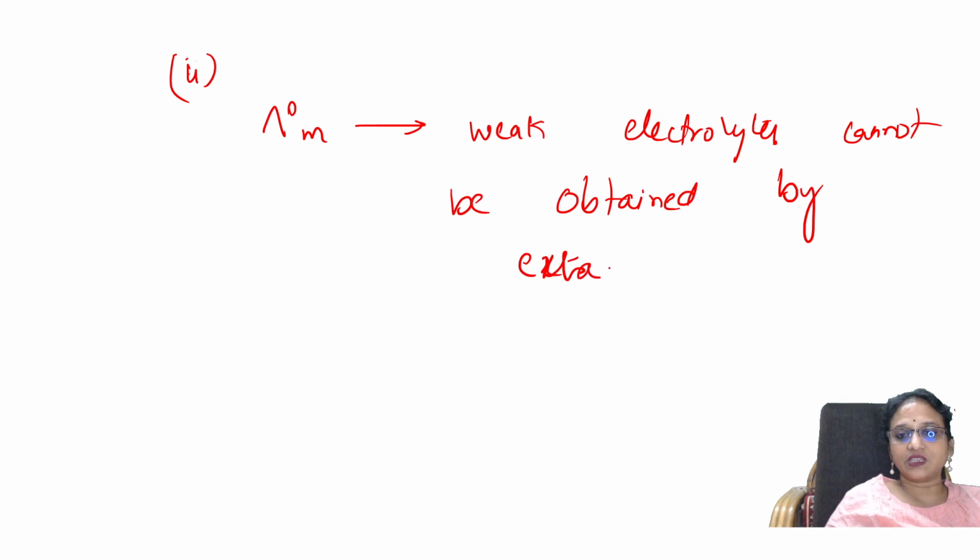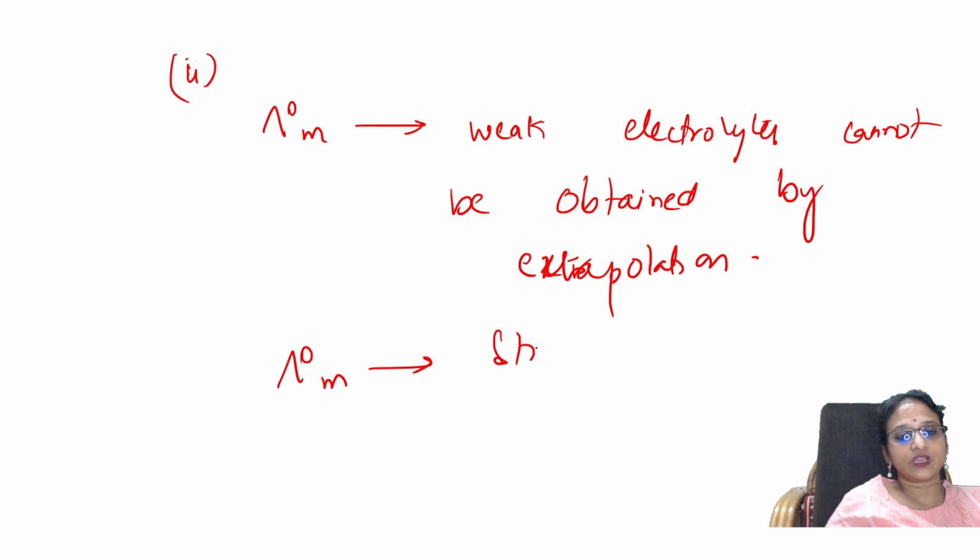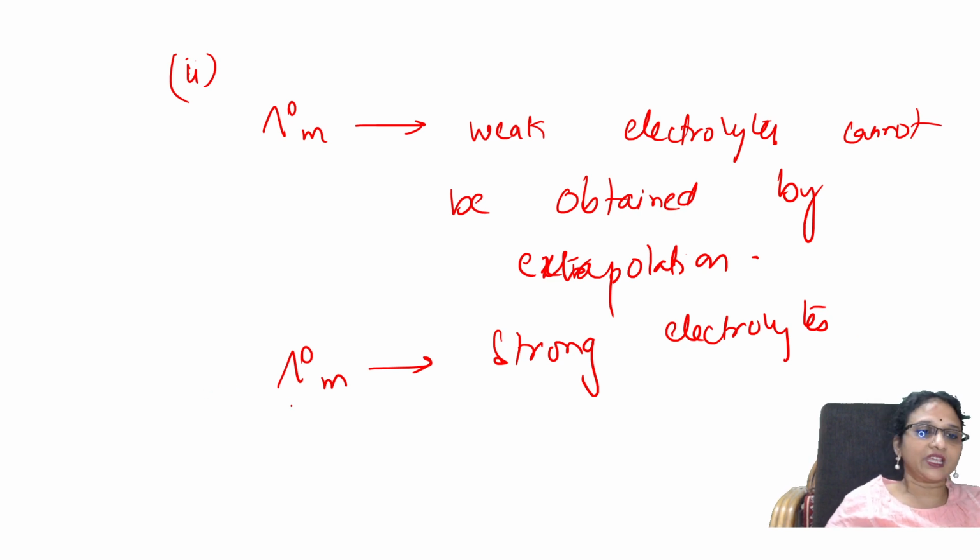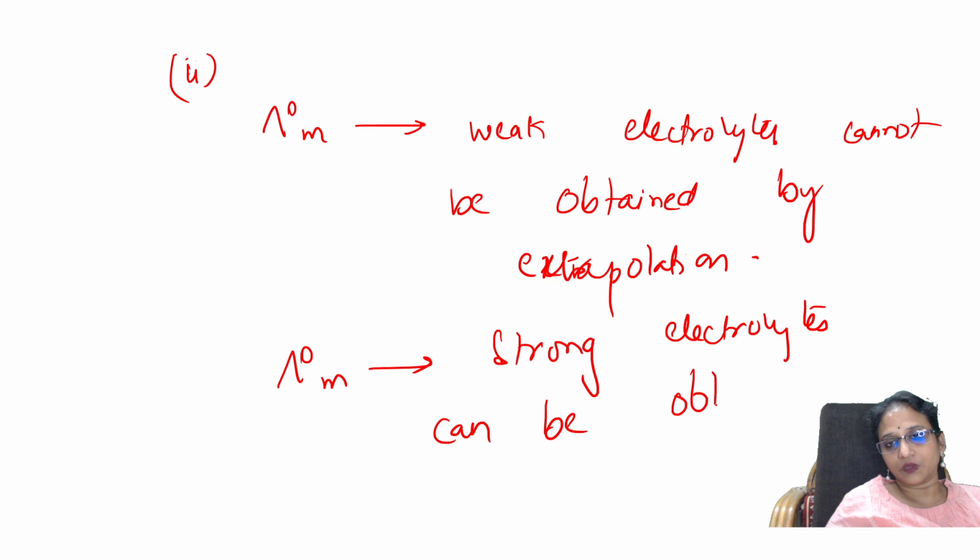We have already seen this graph. I have explained this in Kohlrausch law also, the variation of conductivity of strong and weak electrolytes. But when you take lambda naught for strong electrolytes, as I have shown you, it can be obtained on intercept.